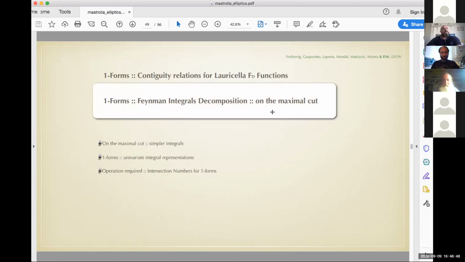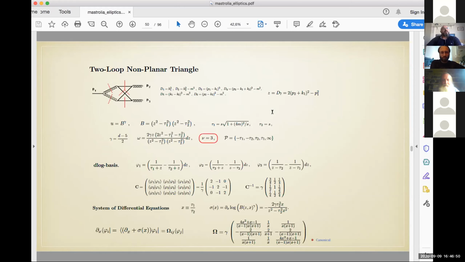And I will sketch just a few examples of diagrams giving rise to elliptic solutions, like the two-loop non-planar triangle, which has been addressed by several authors, also present in the audience.